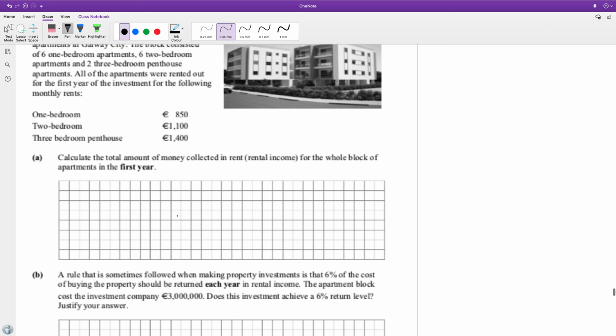Did you get them all? Did you add them all? Calculate the total. That's what they wanted you to do.